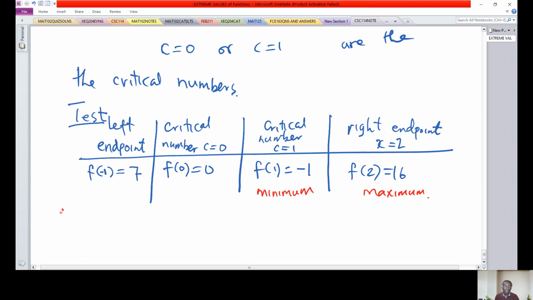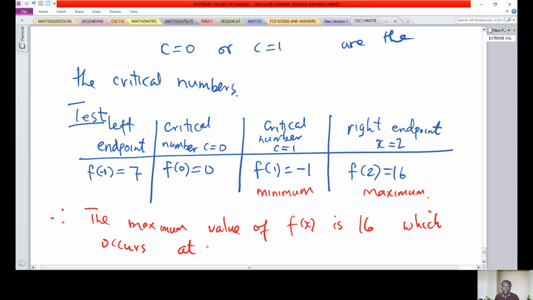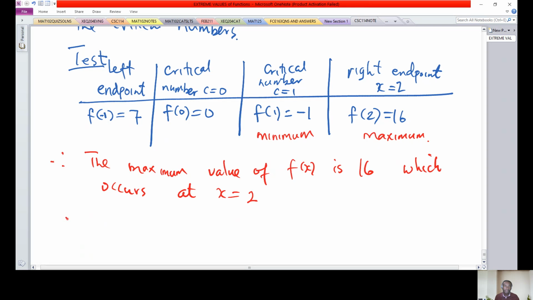Therefore the maximum value of f of x is 16, which occurs at x equals 2, and the minimum value of the function f is -1 at x equals 1. So that's how we solve that problem.